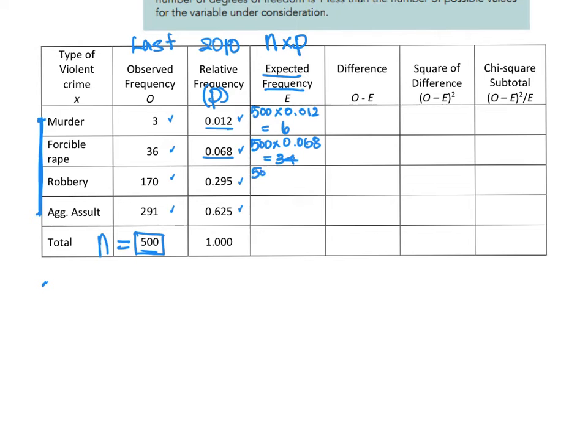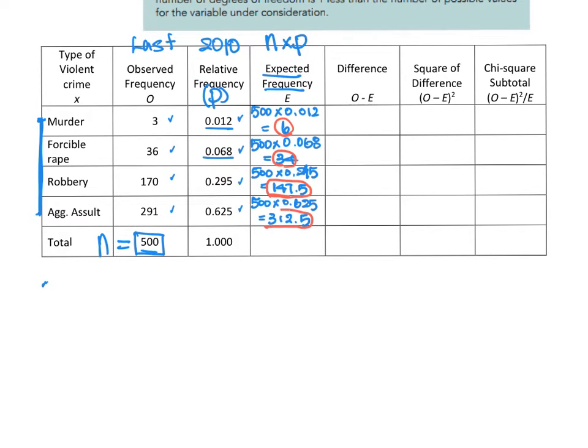Just keep going: sample size 500, its proportion 0.295, that is 147.5. And the next one is 500 again times 0.625. Then the multiplication will be 312.5.